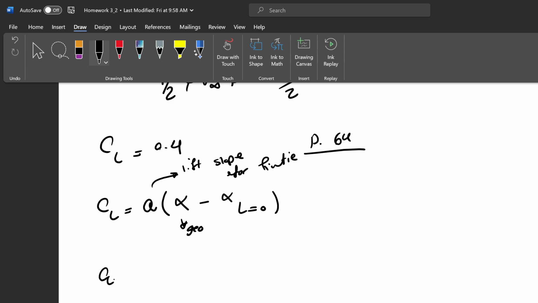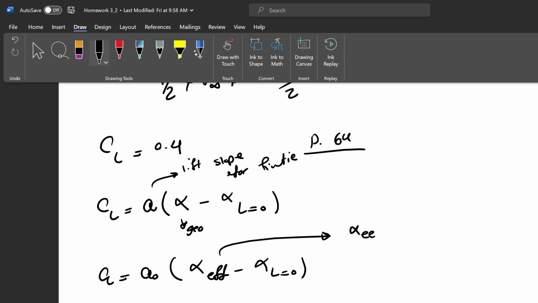Or you can actually find it using a naught and find the effective alpha minus alpha L equals 0. And then from this, we can say effective alpha is equal to geometric alpha minus induced angle of attack. But in order to use this, we have to find the induced angle of attack. So everything is going to be a little more difficult.